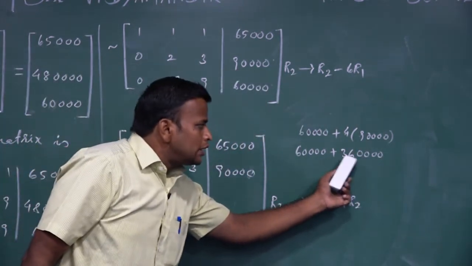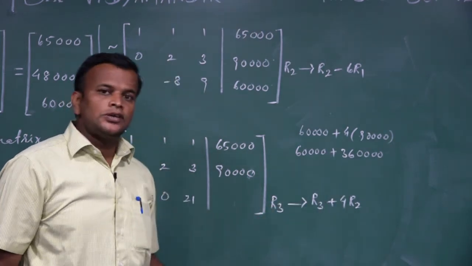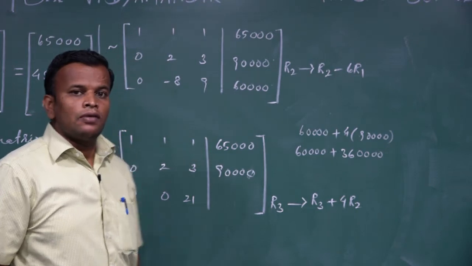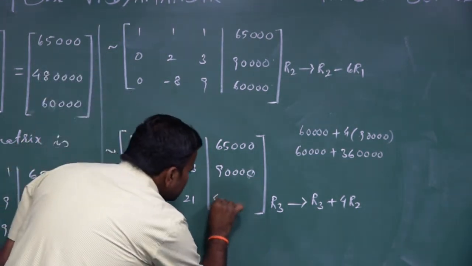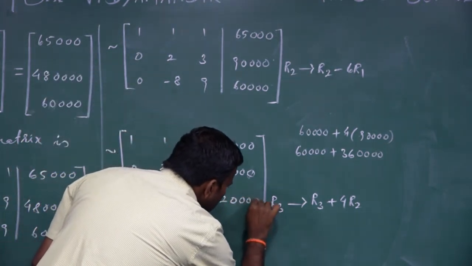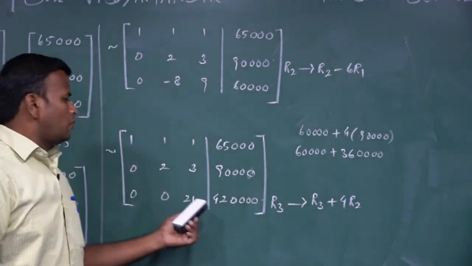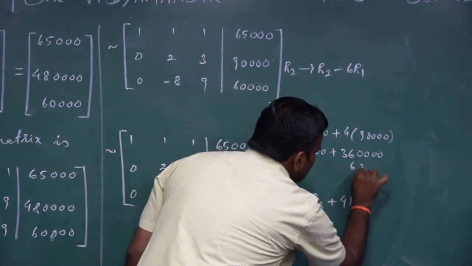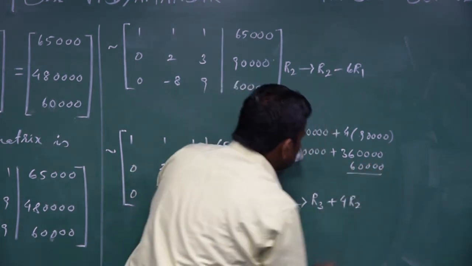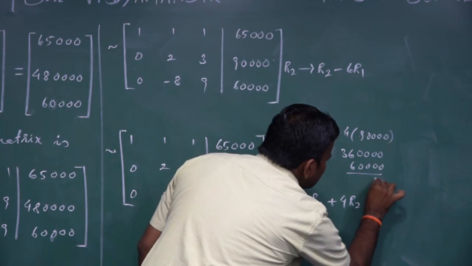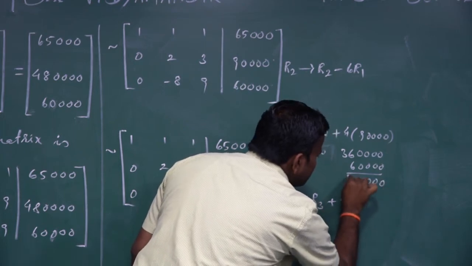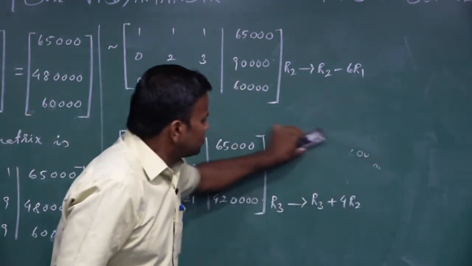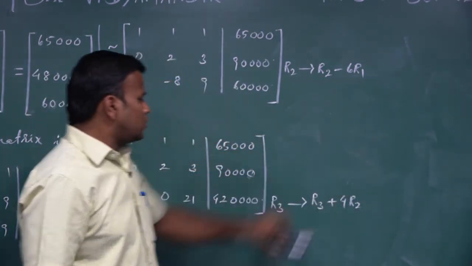So 3,60,000 plus 60,000. When we add, we get 4,20,000. I add 3,60,000 and 60,000. So I add this, 12. Remainder is 1. So 4,20,000. So that value is 4,20,000.